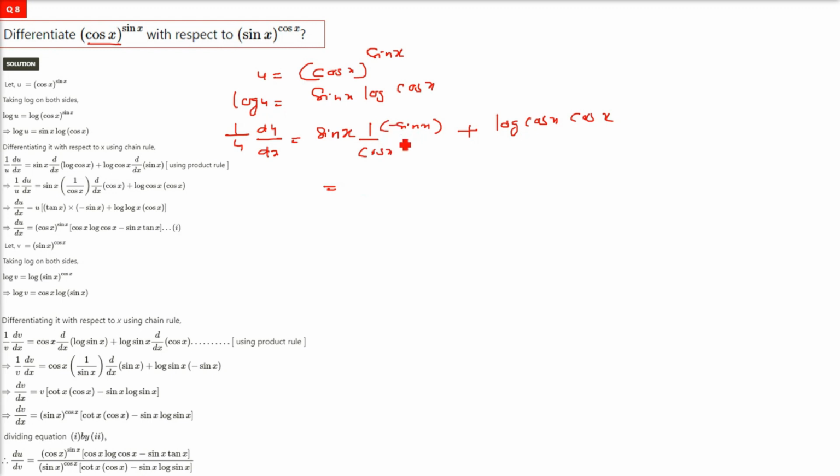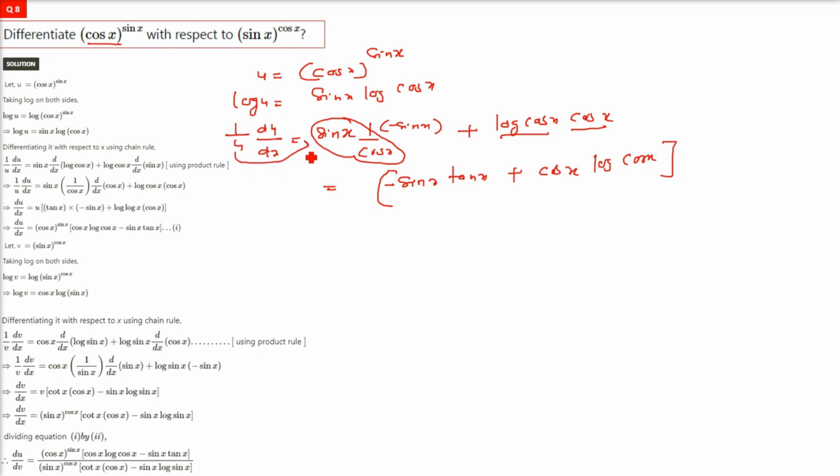Alright, so you have sin by cos as tan, and to make it simpler, we don't want anything in the denominator because that will complicate the thing. So it will be tan x minus sin x. So minus sin x you can put in front, minus sin x tan x, and cos x log cos x you can write first. Otherwise it will be seen as log cos x.